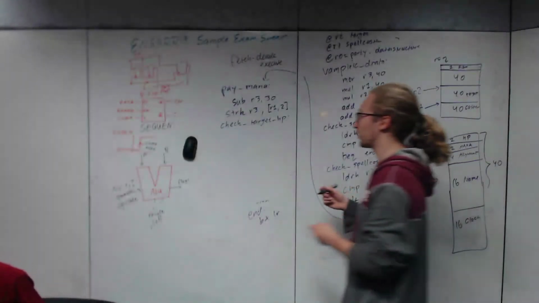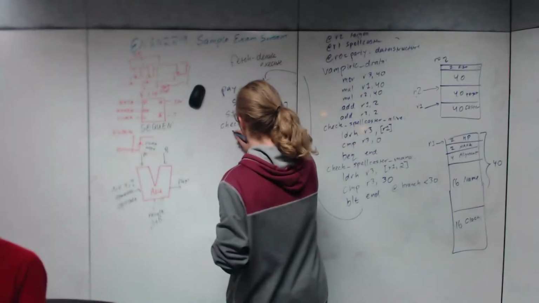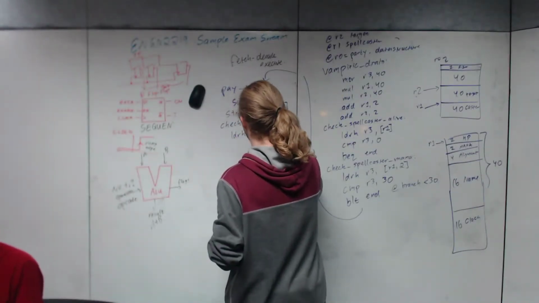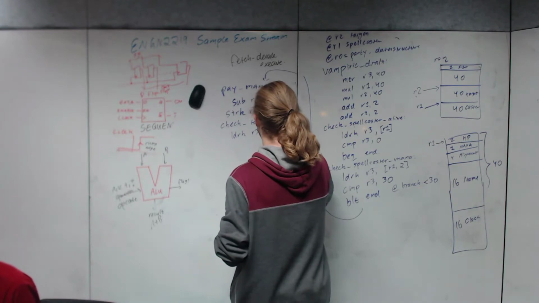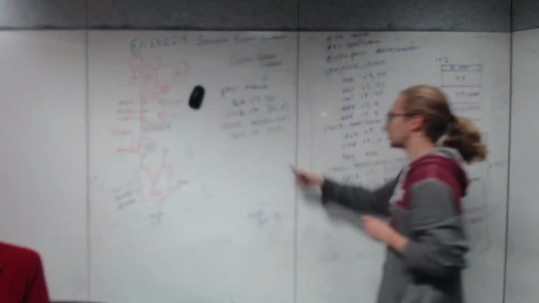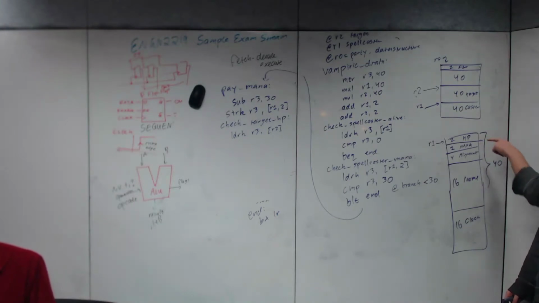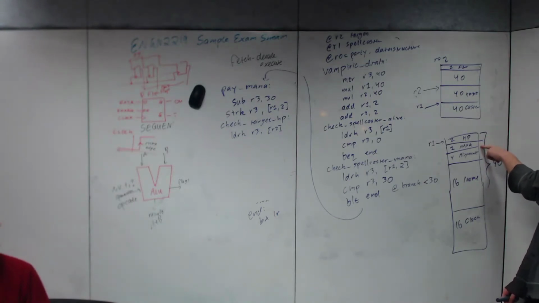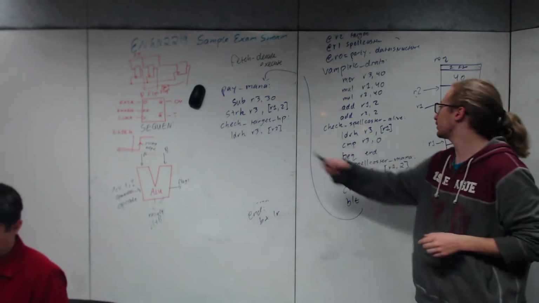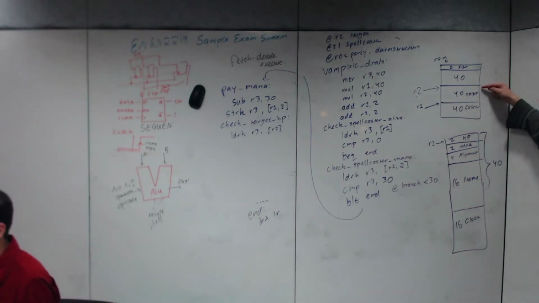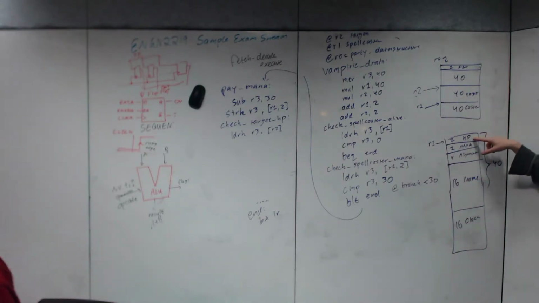I'll put it in R3, that's my designated scratch register. This time I'm not offsetting because the first thing in the record is the health points and the second thing in the record is the mana. So this will go to R2, which points at the start of the target, and load the first thing there, which will be his or her health points.